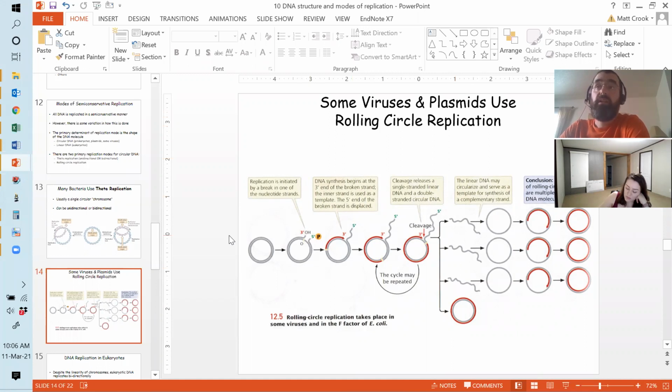And they typically contain stuff that is not essential for bacterial life, but stuff which can be really advantageous. So you'll typically find things like antibiotic resistance genes or virulence genes, or other funky stuff on these plasmids, right?